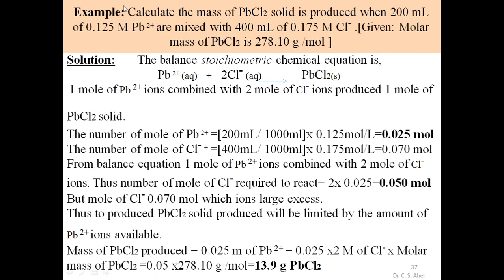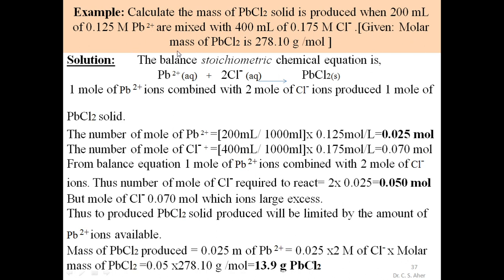See this example: calculate the mass of lead chloride solid produced when 200 ml of 0.125 molar lead 2 plus ion is mixed with 400 ml of 0.175 molar chloride ion. Calculate the mass of this lead chloride solid when it is produced from these ions.